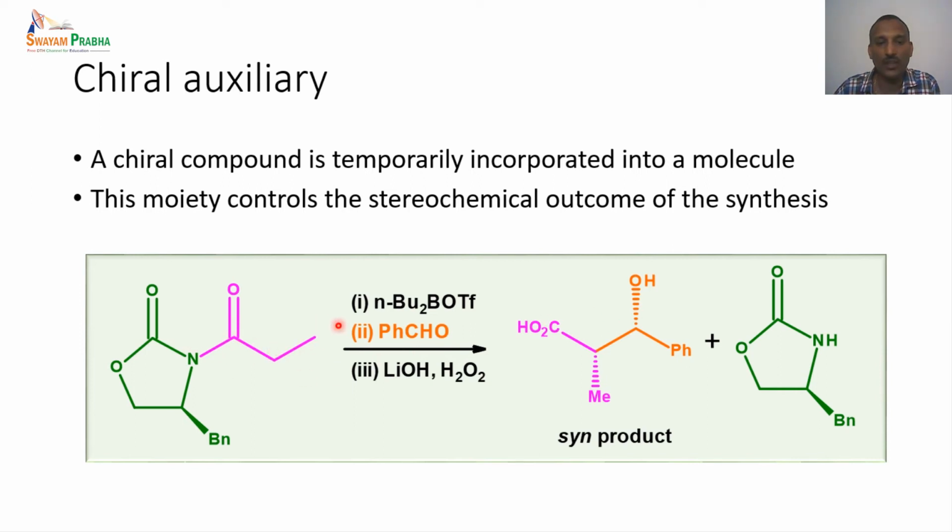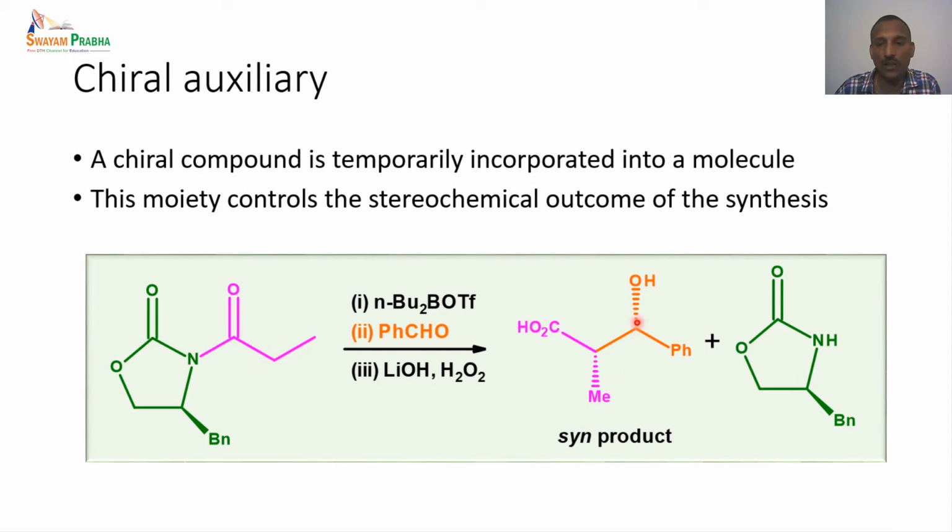In this particular case, this unit is our chiral auxiliary, and this chiral auxiliary is introduced on this particular carboxylic acid by the amide bond formation reaction, and then we carry out these kinds of reactions. The benzaldehyde is added to this carbon in a very specific way.